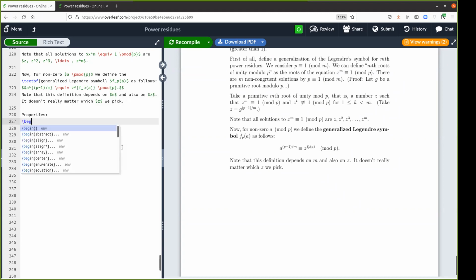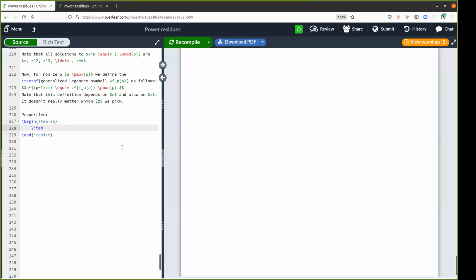Then we note some properties of this definition.